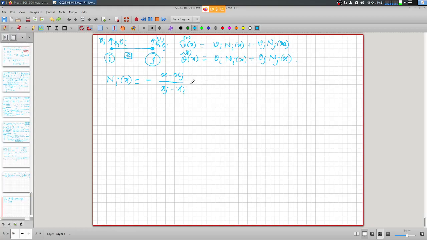Right, and Nj is the interpolation function for node j.